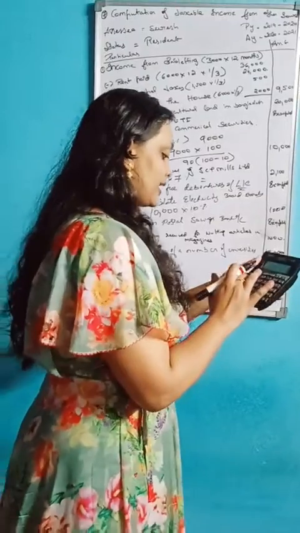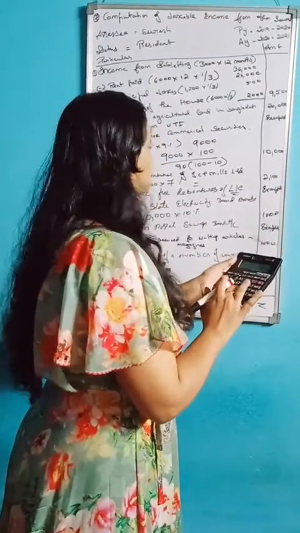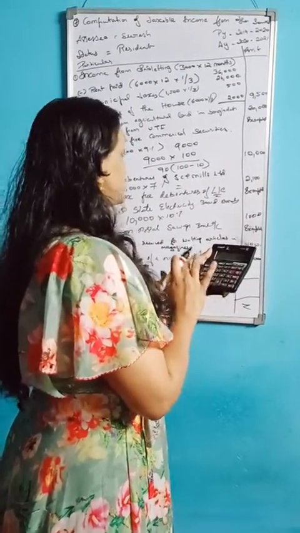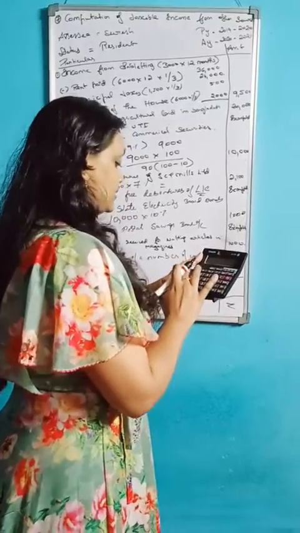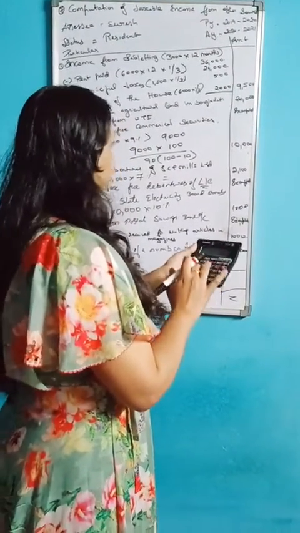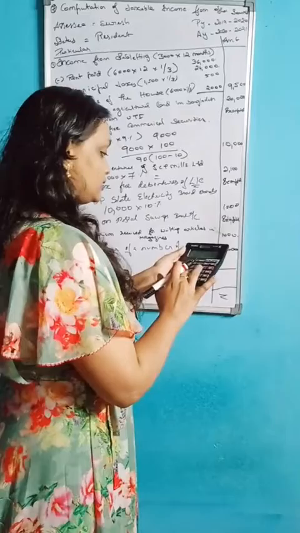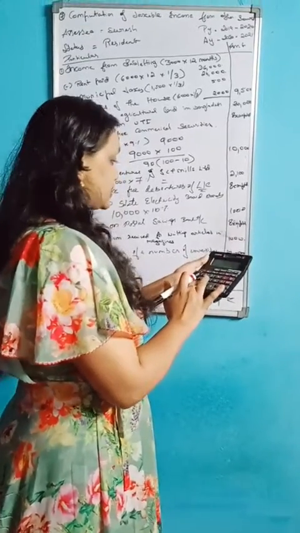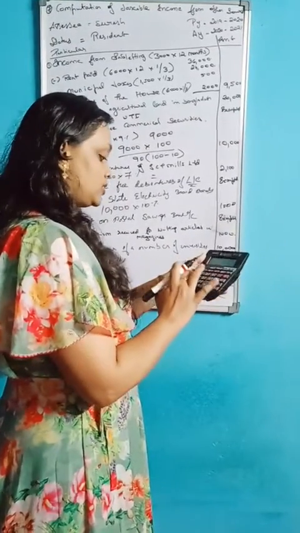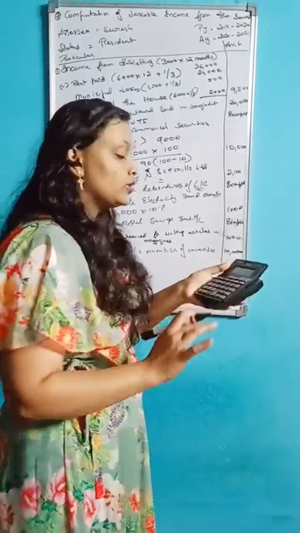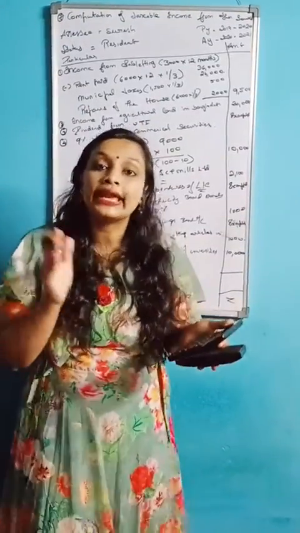And lastly we can calculate the total. So here 9,500, 20,000, 10,000, 2,100, 1,000, 10,000. You will get 51,800.